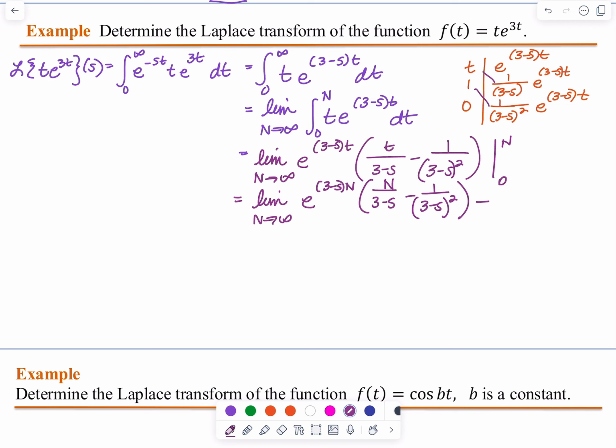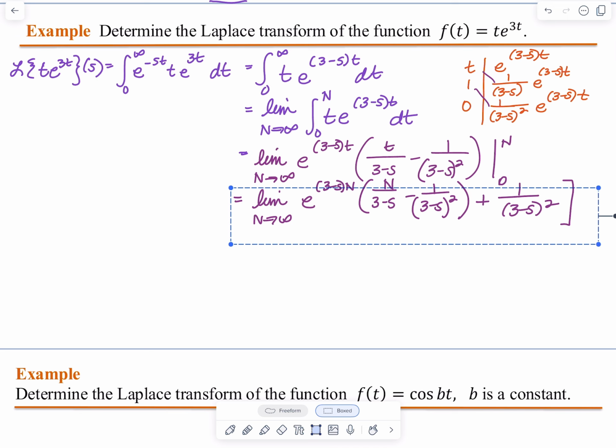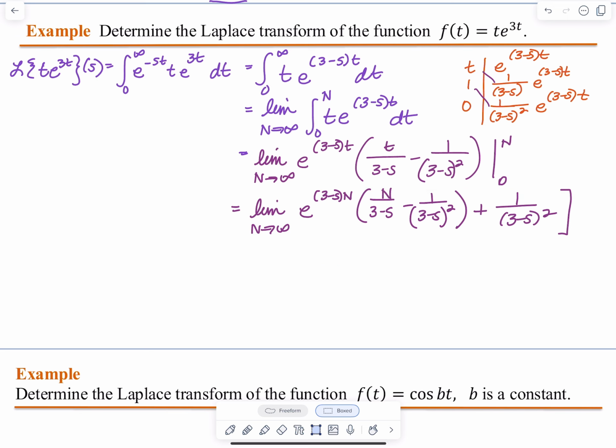Minus, of course our exponential term is 1, this term will go to 0, so this would be a plus 1 over 3 minus s all squared. We have that limit as n approaches infinity, and so as you can see, we will just have 1 over 3 minus s all squared. If you'd like, we could just write that as 1 over s minus 3 all squared.